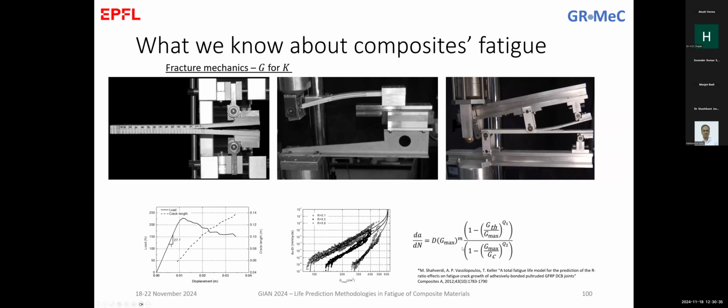If you remember, the Paris law equation that we've seen before is this part, and here we introduced one element to consider the low end, the threshold value, and a second element to also consider the maximum, so this is the G critical, the behavior of the material at the maximum loading conditions.